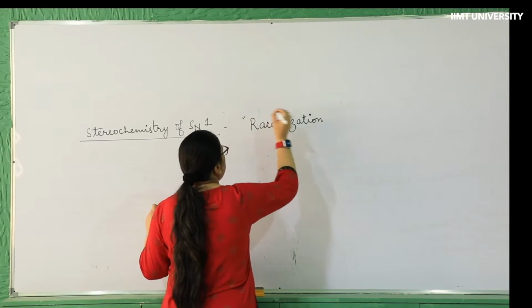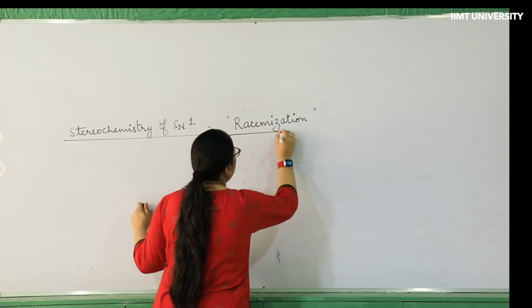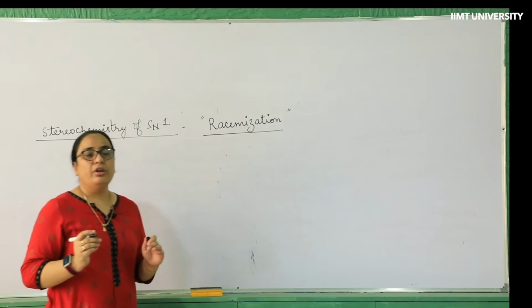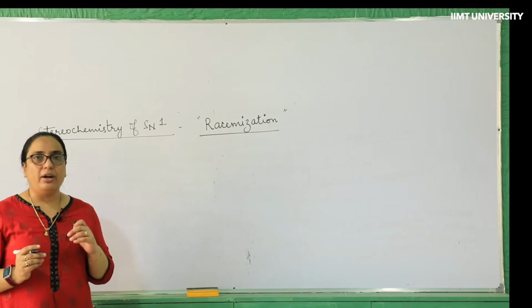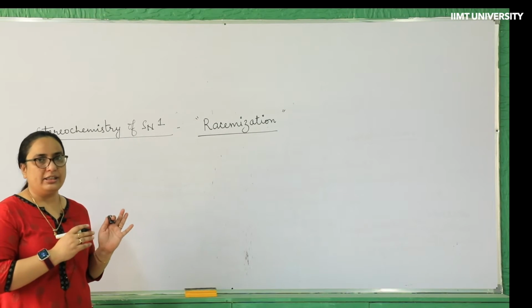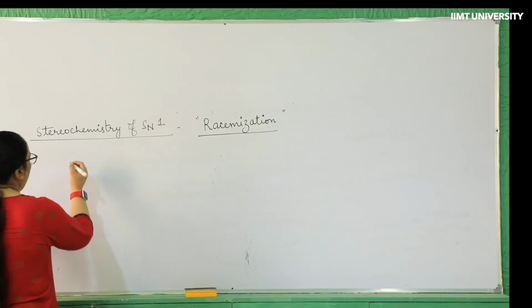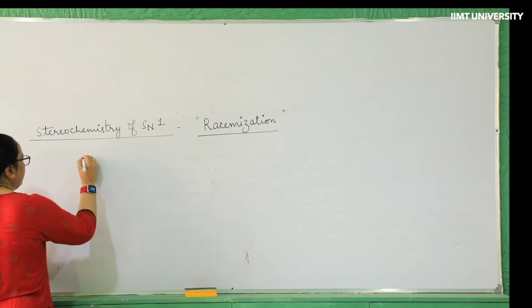So racemization is the single term which is enough to explain the stereochemistry of SN1 reaction. How? Let us see.